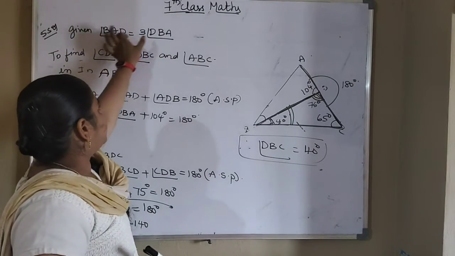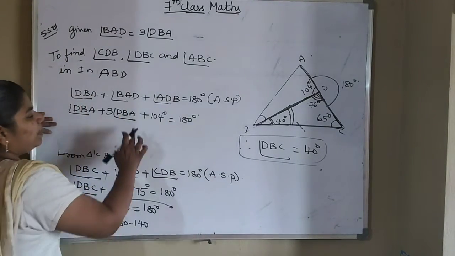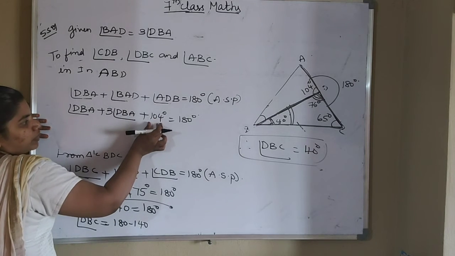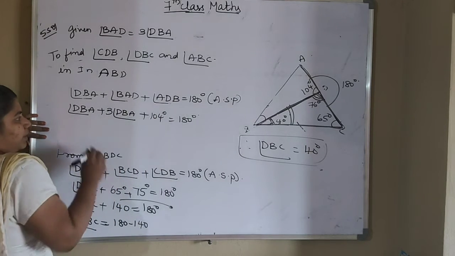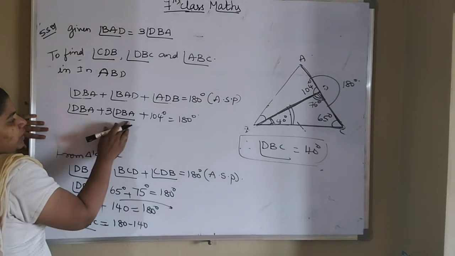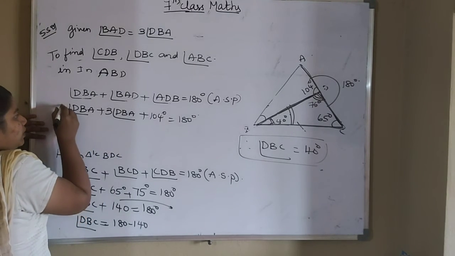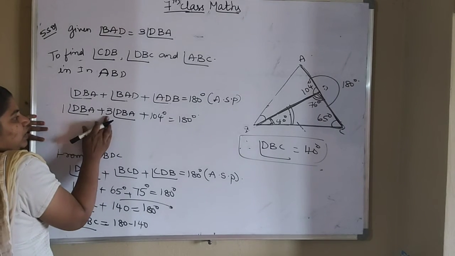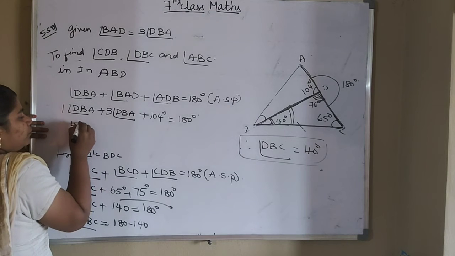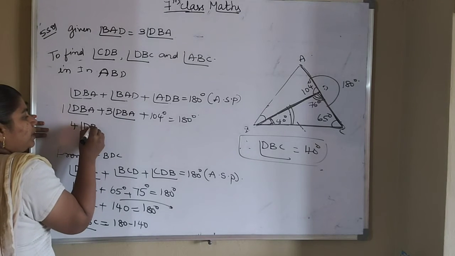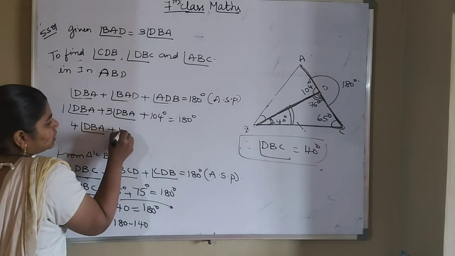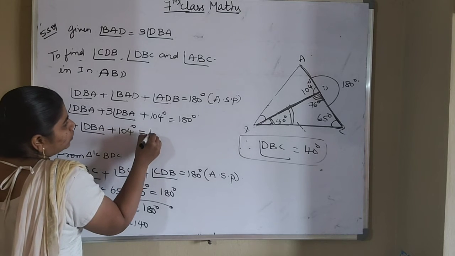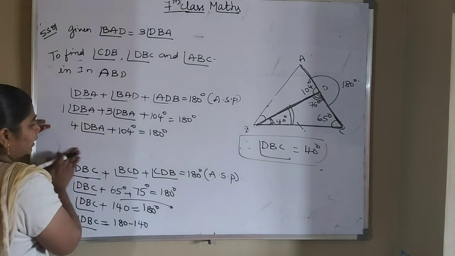So I am substituting this value, plus this value they have given us, 104, is equal to 180. Now 1 angle DBA plus 3 angle DBA will be 4 angle DBA plus 104 degrees is equal to 180.